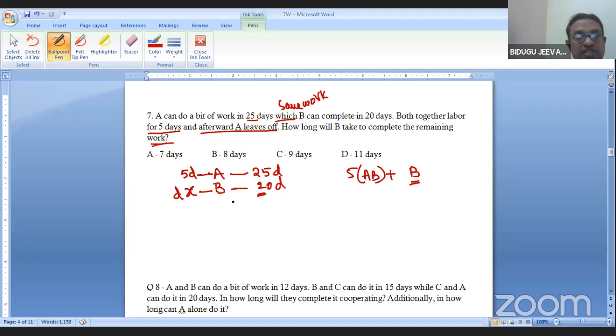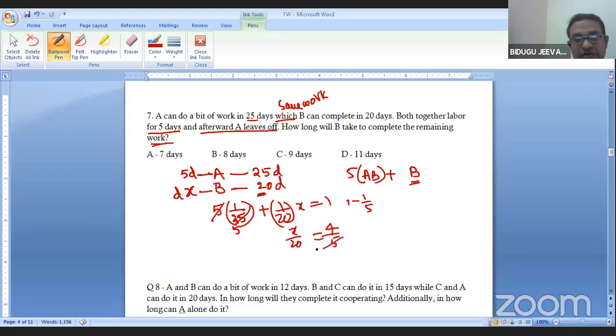Let us discuss this. A's 1 day capacity is 1/25, and he worked for 5 days. B's 1 day capacity is 1/20, and he worked for X days. One work is completed. So 1/5, if you subtract it, that will become 4/5. That means 1 minus 1/5. So this is X by 20. 5 4s are 20, so 16. X is equal to 16.